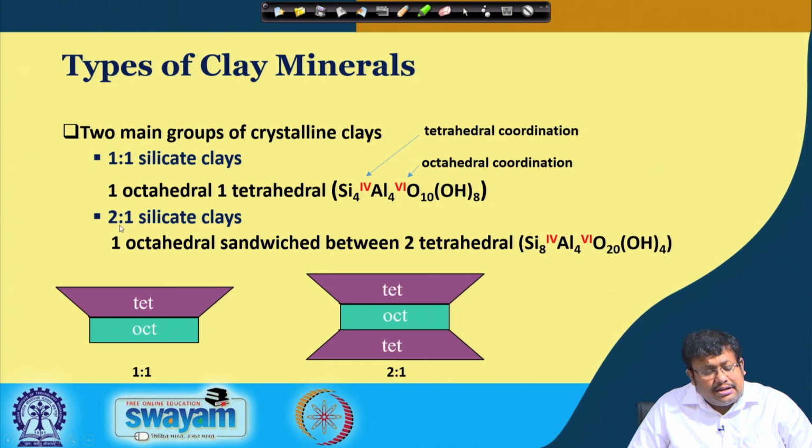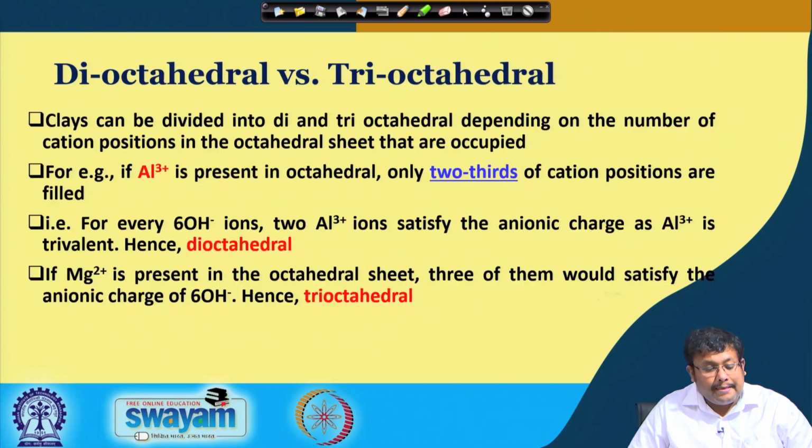And the 2:1 type of clay, where one octahedral sheet is sandwiched between two tetrahedral sheets, will get a formula like this, where the silica will show the tetrahedral coordination, aluminum will show the octahedral coordination. And this is basically a shorthand representation of this 1:1 and 2:1 type of mineral.